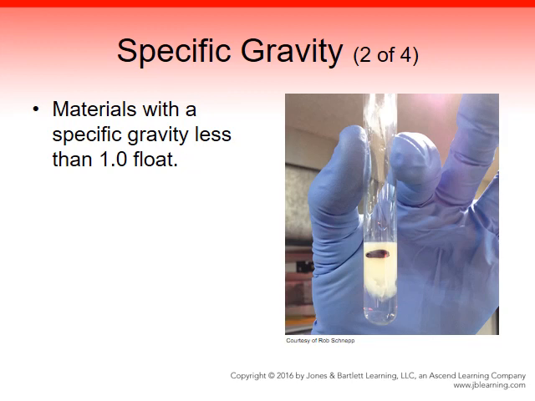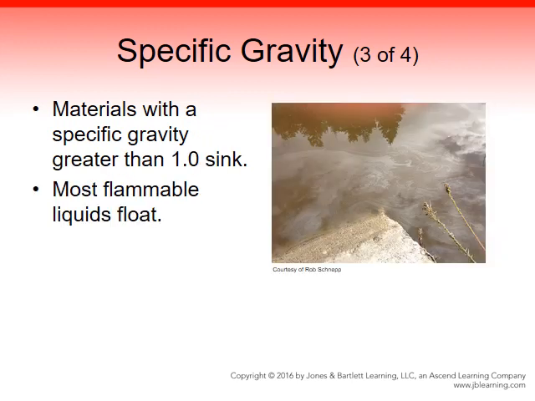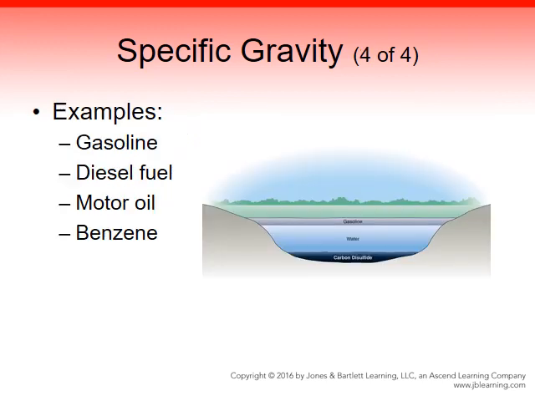So when you're looking at oil, as seen here, notice that it is floating on top of the water, so it has a specific gravity less than 1. Most flammable liquids will float on top of water. Examples are gasoline, diesel fuel, motor oil, and benzene.